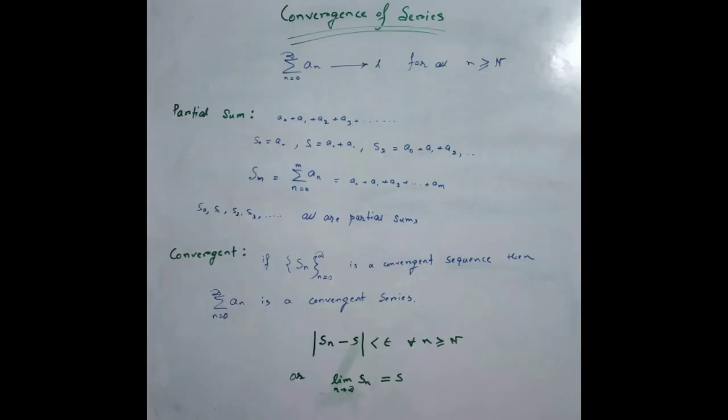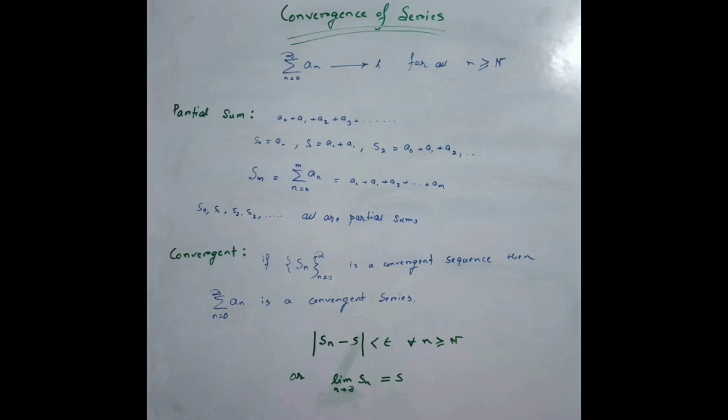To understand the convergence of series, first of all we create the partial sums, like S0 equals a0, S1 equals a0 plus a1, S2 equals a0 plus a1 plus a2. So we can create a sequence with S0, S1, S2, S3.